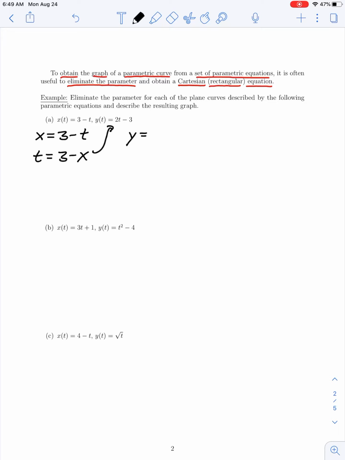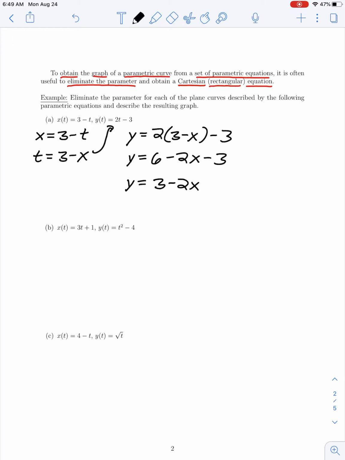So here, y, we were told, is equal to 2t minus 3, but we just said that t is equal to 3 minus x. So y is then equal to 2 times (3 minus x) minus 3. And simplifying, we have y is equal to 6 minus 2x minus 3, or y is 3 minus 2x.